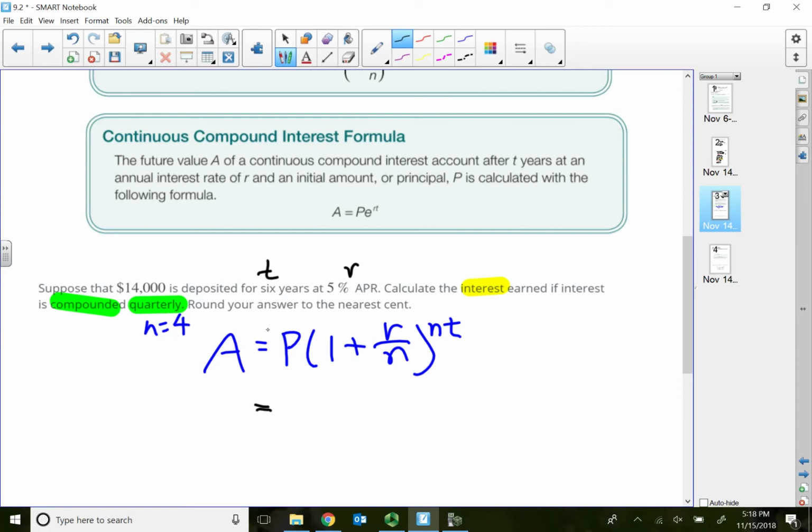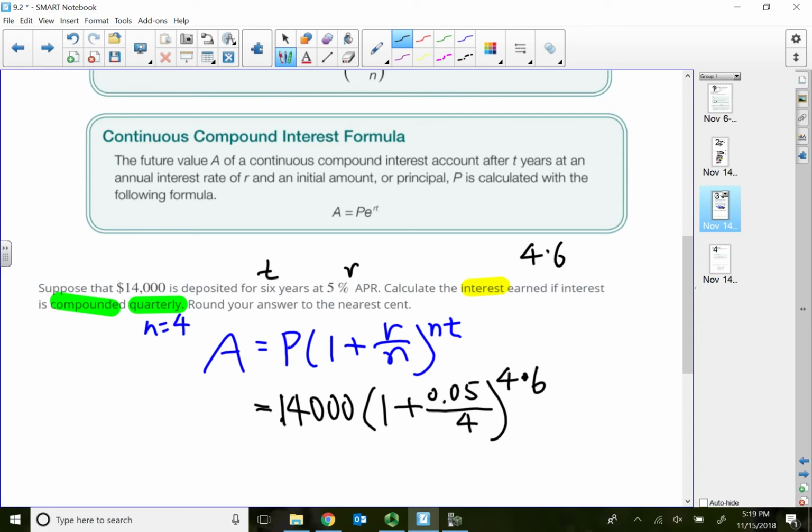So P is 14,000. I put $14,000 in this account, times 1 plus my R, which is 5%, 0.05, divided by compounding 4 times in a year. This is my N. The whole thing is raised to my N, which is 4, times time, which is 6 years. If you think about it, 4 times 6 is 24.